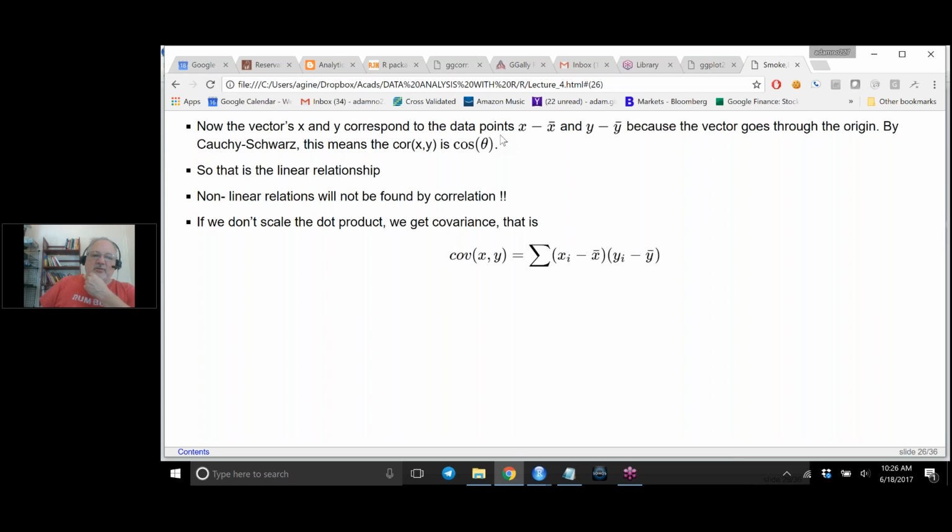So if I have my 2 data points, x and y, and I take my 3rd point to be the origin, which is why I subtract off x bar and y bar, you're always going to get a plane with the point x, the point y, and the origin, and then you can calculate this cosine theta. So the correlation simply tells you how close one point is to being just a multiple of the other point. That's what a linear relationship is.